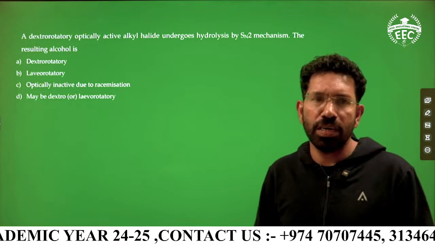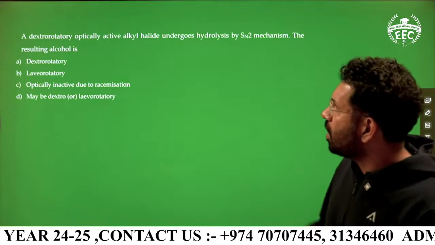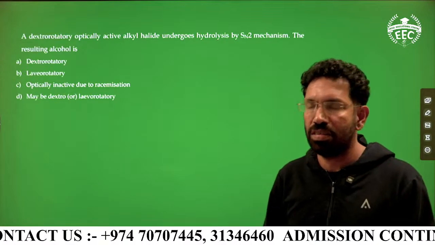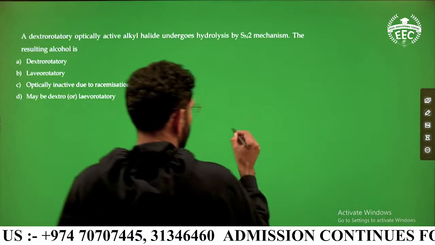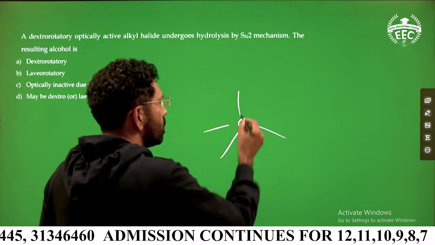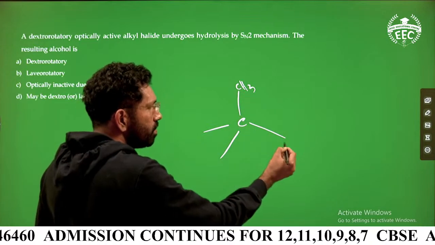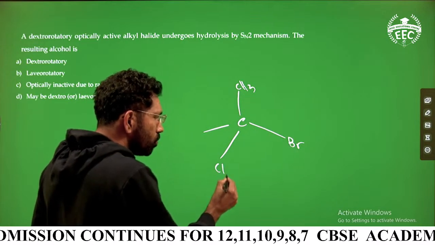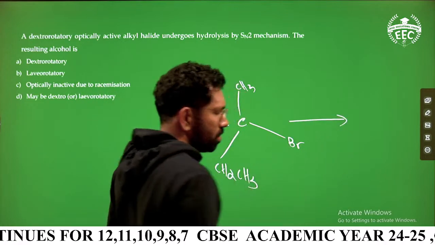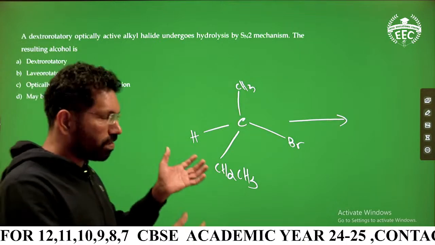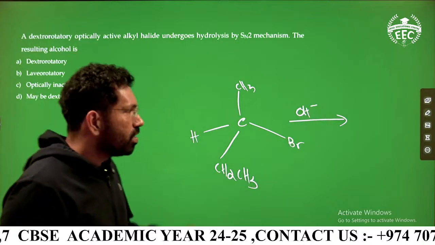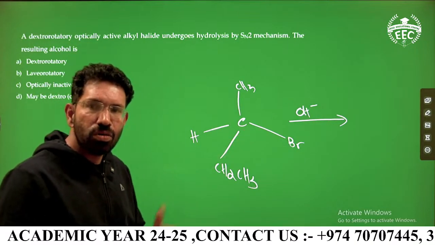Okay, so here we have a dextrorotatory compound. Suppose you have a dextrorotatory reactant; for example, I have a compound like this. This is a chiral carbon atom, and we have different groups over here: CH3, Br, CH2CH3 and H. Upon hydrolysis, which means reaction with OH minus, bromine is replaced by OH.